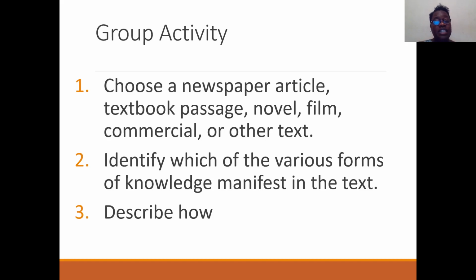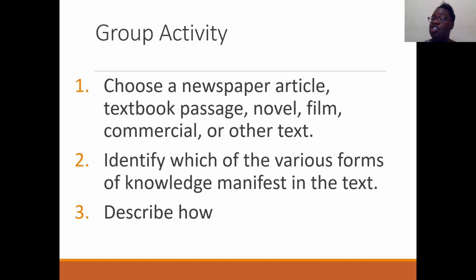And then identify which of the various forms of knowledge is manifested in the text. Like we talked about those 5 forms of knowledge, look and see which one is manifested in the text. And then I want you to tell me how it was manifested in the text, okay? This is one of those group discussion kinds of activities, okay?